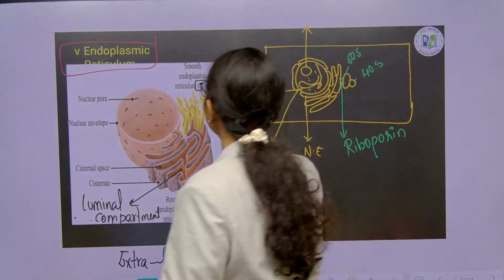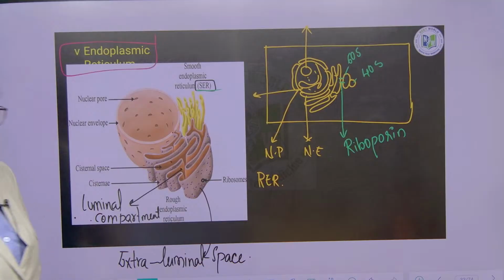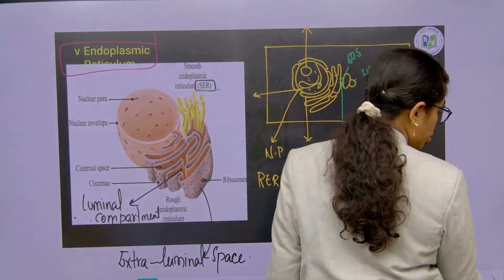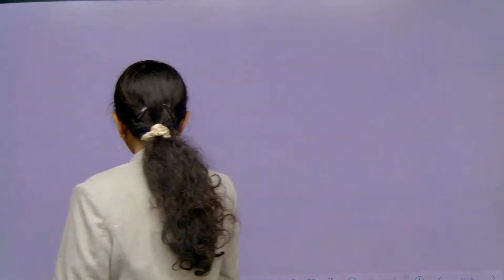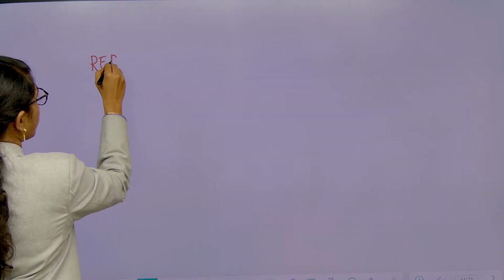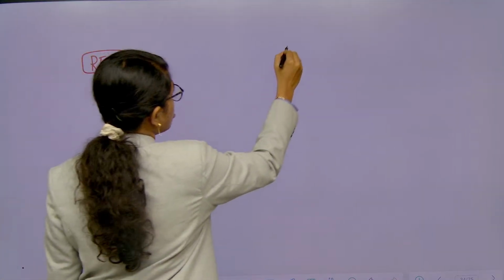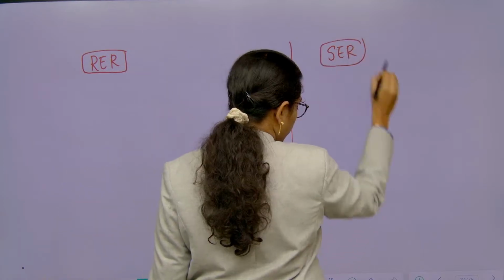And then smooth endoplasmic reticulum is involved in the synthesis of lipids. It has many other functions also. Let us look into the functions of rough endoplasmic reticulum and smooth endoplasmic reticulum. You are clear on structure and composition, right?